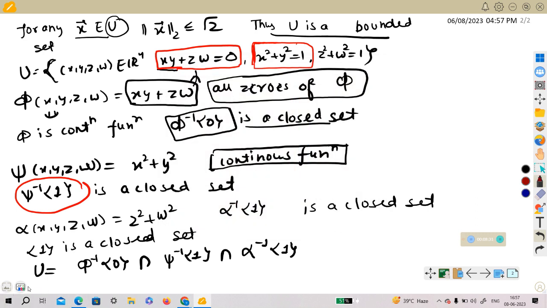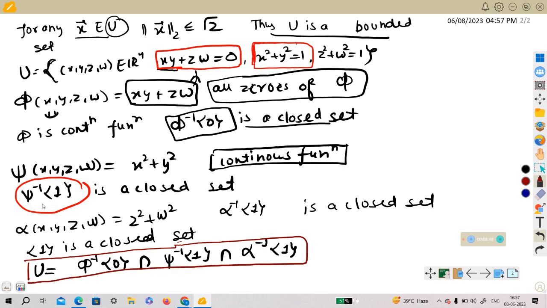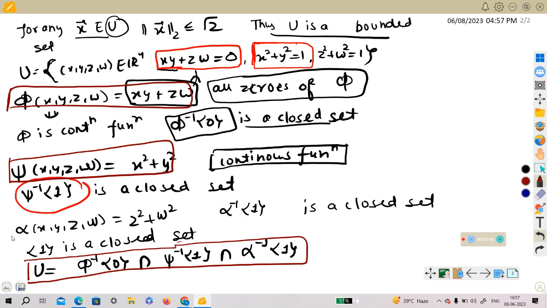Verify it, no issue in that. Here phi is as we have defined, this is phi, this is psi and this is alpha.